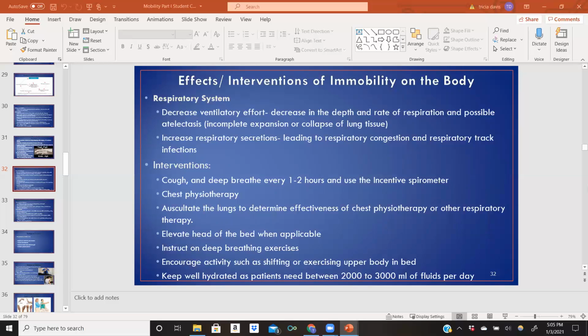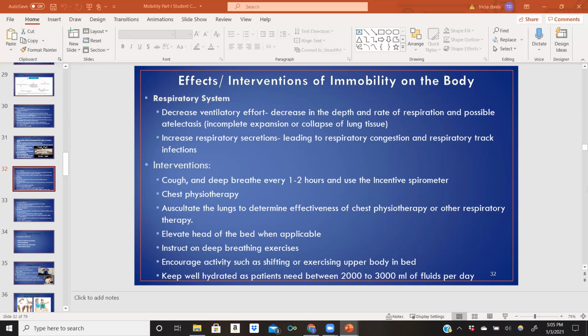Remember I told you when we give them their incentive spirometer to use, it helps them to breathe in and keeps them all open so that they can get lots of air in there and not any purulent, yucky, soggy wetness inside of there that can lead to infection. And then it causes an increase in respiratory secretions, leading to respiratory congestion and respiratory tract infections.